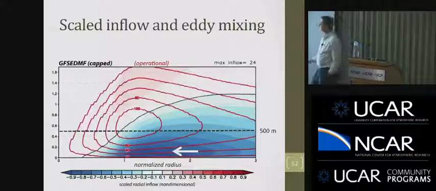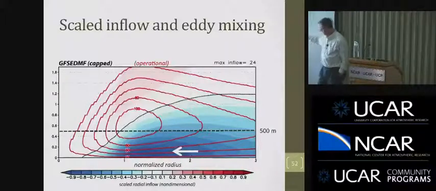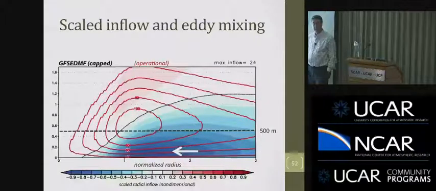Okay? But actually, I'm happy I did because I think I have some interesting things to show you. So first of all, this is, again, normalized radius out to 3 times the radius of maximum wind. The vertical axis is depth up to about 1.7 kilometers. The colored field is, again, inflow. The bluer, the stronger. The black contour is where the inflow is reduced to 10% of its maximum value. I'm using that as a proxy for the inflow layer depth.